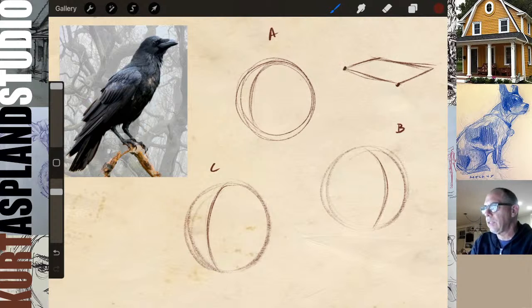Then see those two corners right there? Let's just draw like an arch that's going to connect those two. And then over here, let's do the same thing, another arch. Just like that.